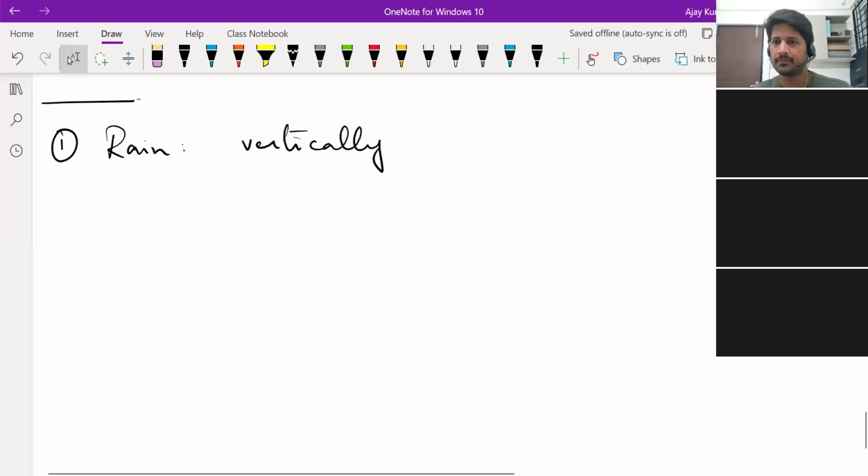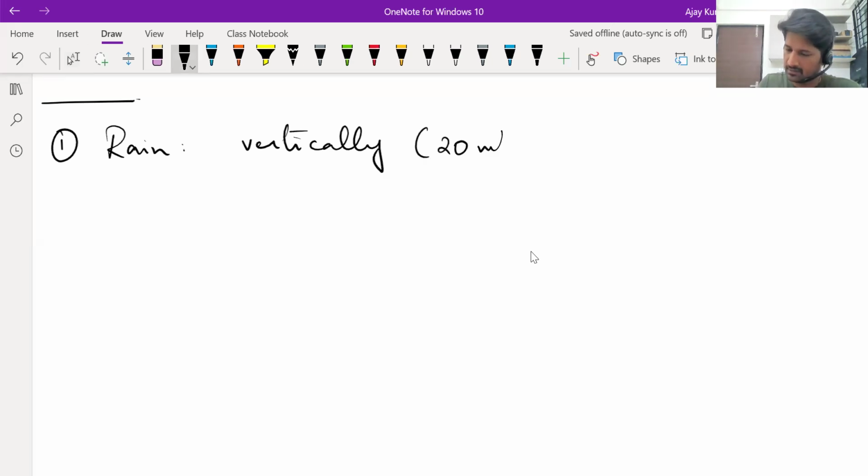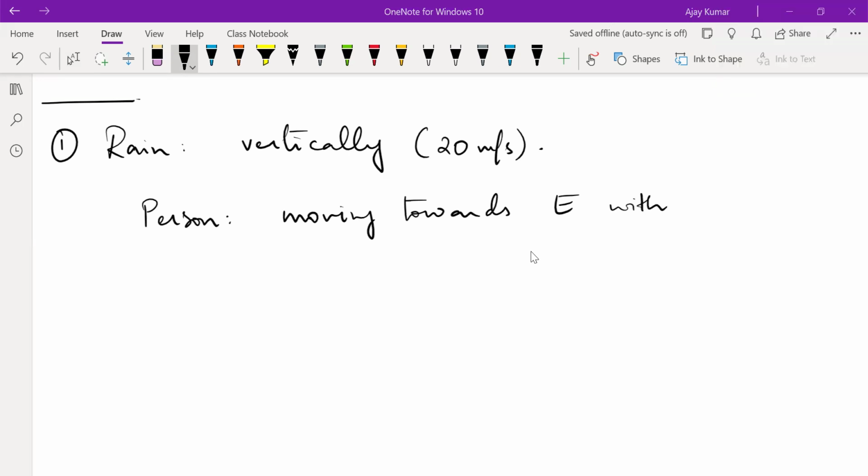Let's say raindrops are falling vertically with a speed of 20 meters per second, and a person is moving towards east with a speed of, let's say, 4 meters per second.